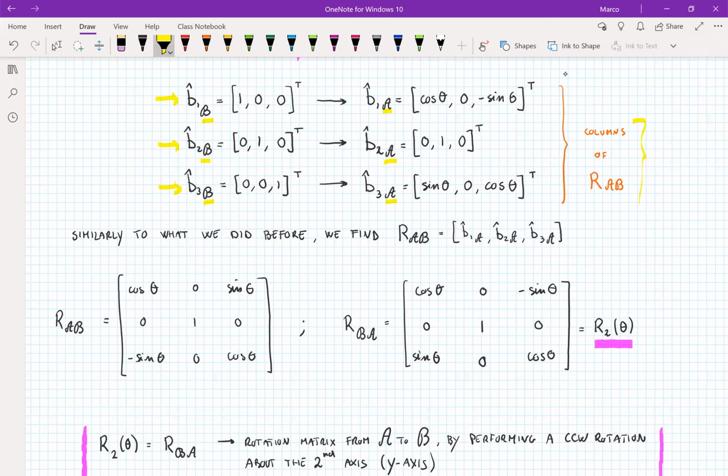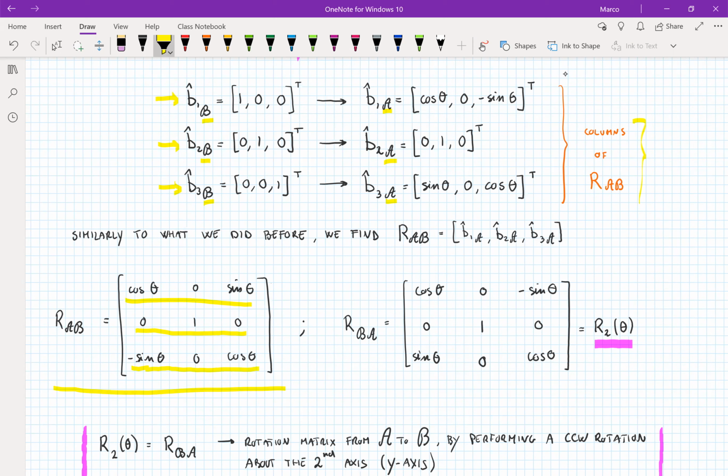So we find that RAB for an elementary rotation about the y-axis of an angle theta is equal to cosine theta, 0, sine theta, I'm reading row-wise, 0, 1, 0, and minus sine of theta, 0, and cosine of theta.